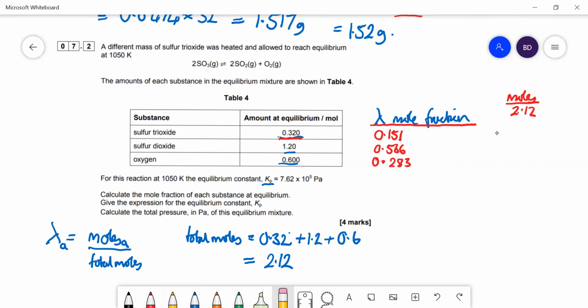Give an expression for the equilibrium constant Kp. All right, before we do that, I'm just going to write down what is going to be the partial pressure of each thing. Now, just to remind you, partial pressure, usually given that symbol of A, is equal to the mole fraction of A multiplied by big P, where big P is the total pressure.